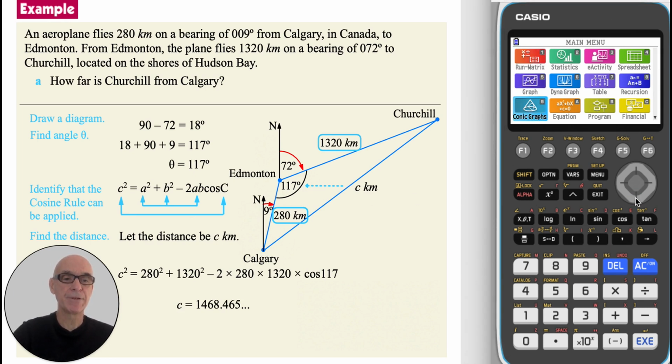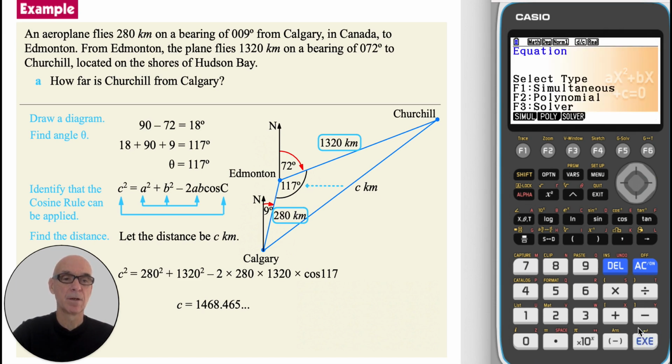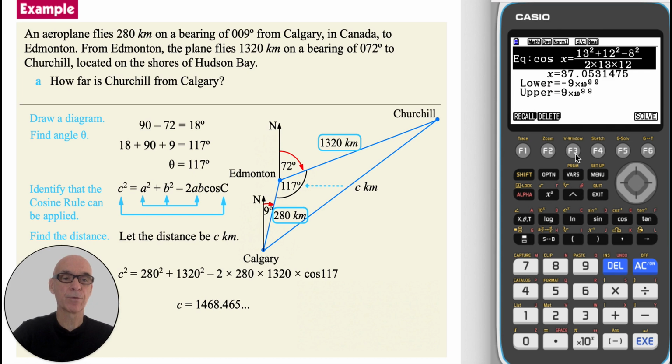From the main menu, selecting Equation, pressing F3 for Solver and typing in the equation.